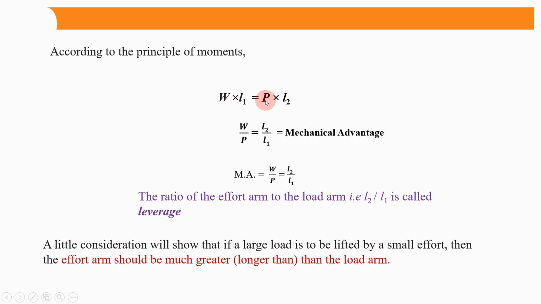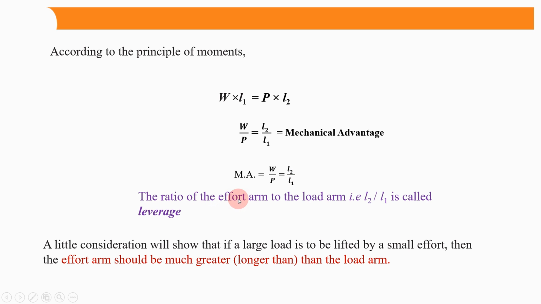W stands for the load to be lifted, L1 is the perpendicular distance from the load to the fulcrum, P is your effort, and L2 is the perpendicular distance from the effort to the fulcrum. So we have equated this, and we are left with W by P equals L2 by L1, which equals the mechanical advantage. Mechanical advantage equals W by P equals L2 by L1.